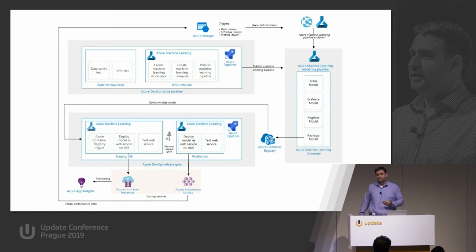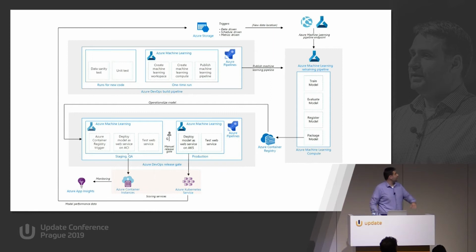If that check is passed, you will register your machine learning model with Azure Machine Learning Service, and finally, you will package the model. And that ends the training part of everything, the build pipeline part.